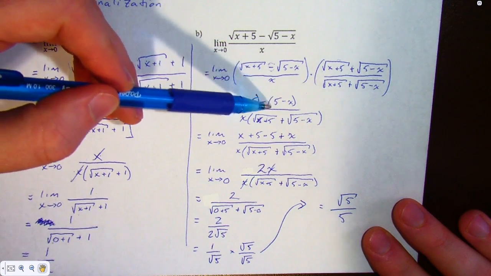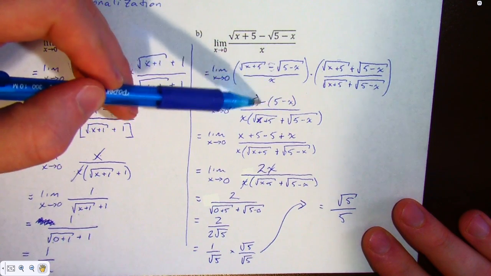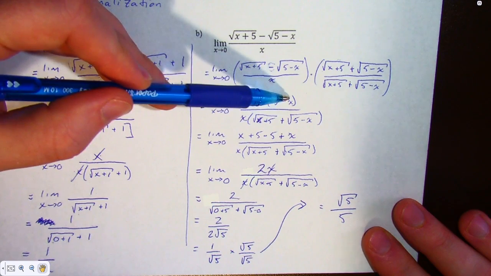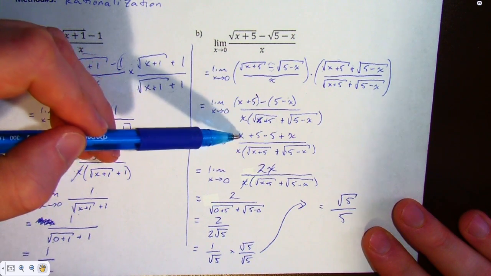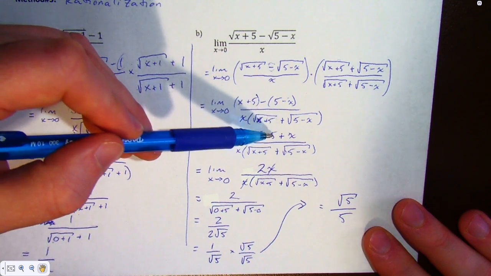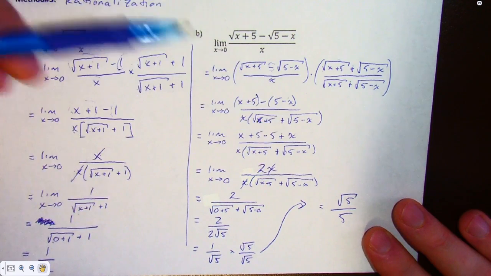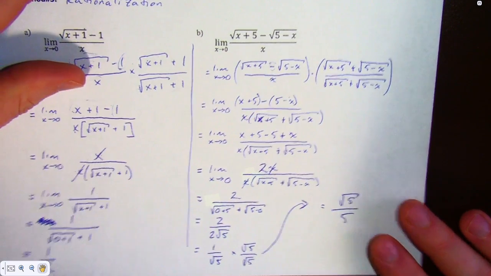Make sure you put this part in brackets, okay? Because that negative there is going to apply to the 5, and it's going to apply to that minus x. So when you get to the next step, when you drop those brackets, you'll have x plus 5 minus 5, and then you'll have plus x. Very, very easy to leave yourself with a negative x by accident, and that will give you the wrong answer.